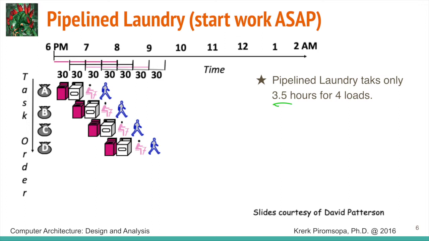This is the picture, right? Oh, we have the washing machine free. So we start washing the next one. And by the time that we finish the first batch, the second batch is almost finished. This is pipelining, or in a sense, when you have the resource available, just start.